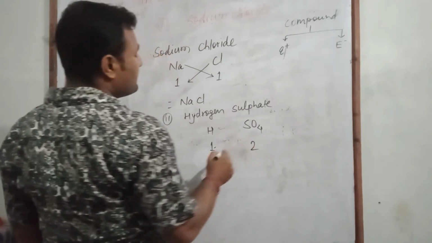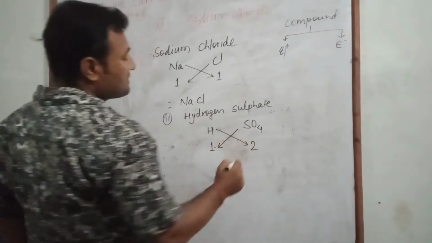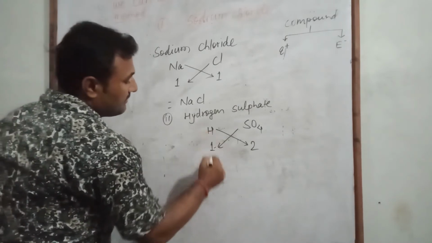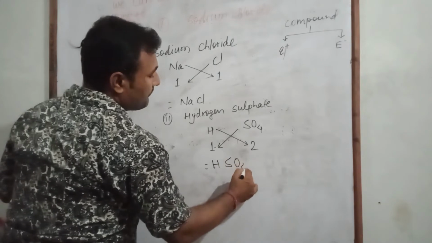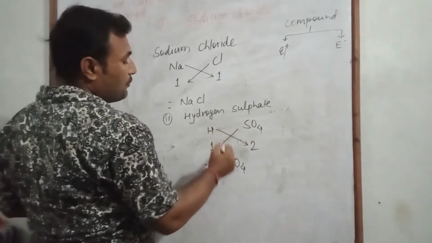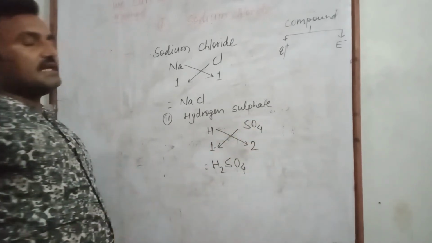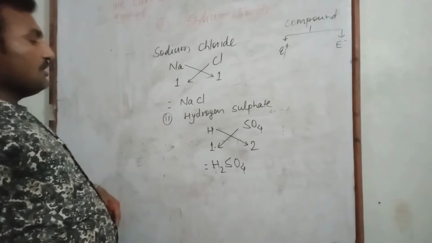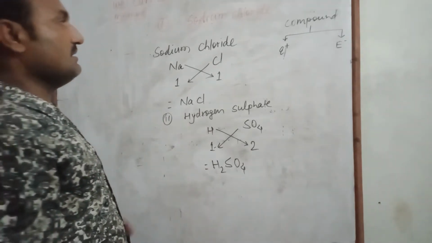Here dissimilar valencies are found, so we apply the criss-cross method with H and SO4. The valency of sulfate, 2, goes with hydrogen and 1 goes to sulfate, and in this way we can write the molecular formula of a compound by the criss-cross method.